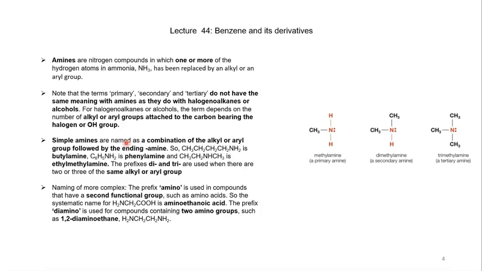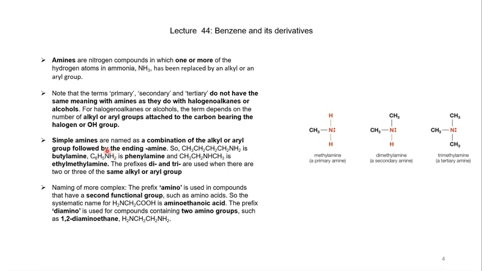amines. Okay, so the simple naming of an amine is a combination of the alkyl or aryl groups followed by the ending amine. So here is an alkyl group, and then we have amine, we call it butylamine, you see. It is butyl, and then amine.